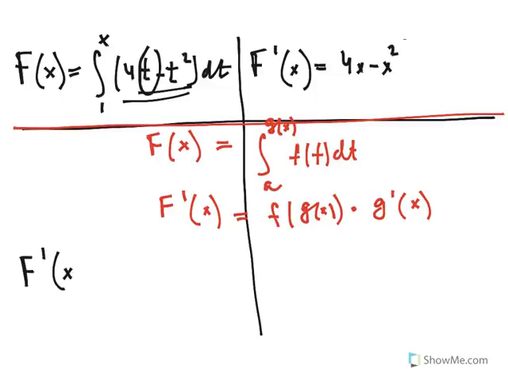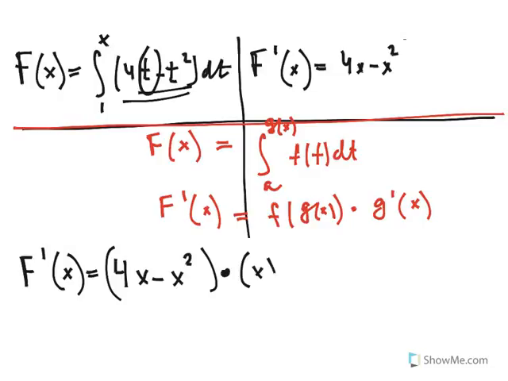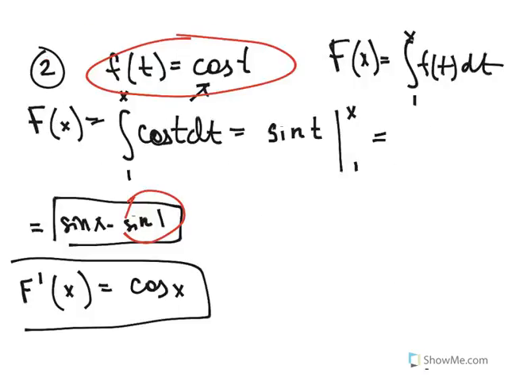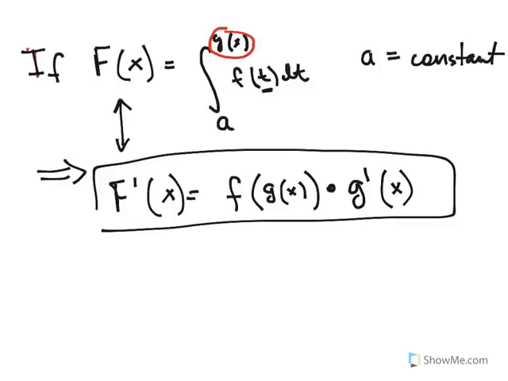So f prime of x equals, you replace t with the upper boundary, 4x minus x squared, but then you're supposed to multiply, it's like a chain rule, by the derivative of your upper function, which is 1. And that's how you get 4x minus x squared. So you don't have to go through that long process. Remember what we did here, and there, and it takes forever. So if you apply the FTC2, you're going to get the same thing.